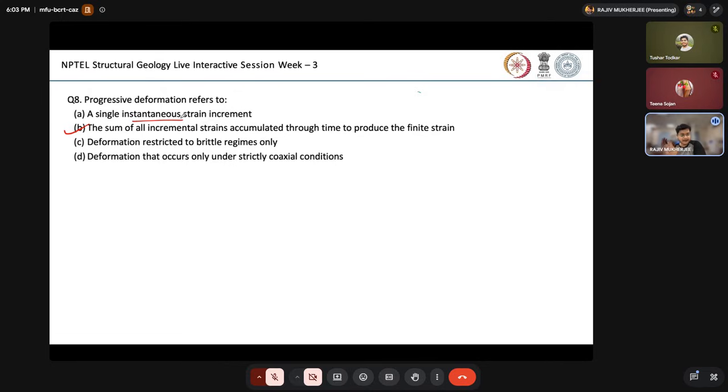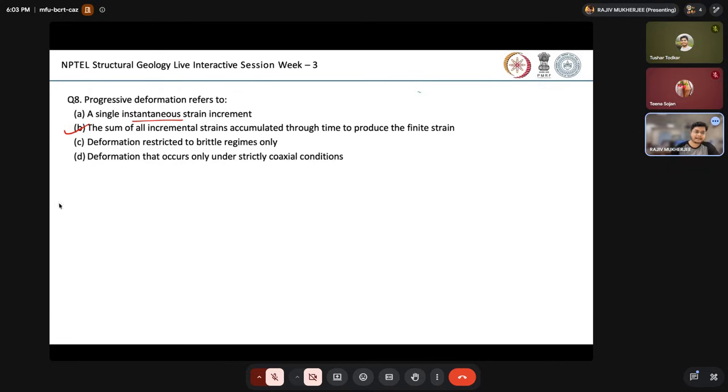If you just see the final product, that is the sum of all these things, then that is the finite strain. If you just select only one snapshot in between for one instant of time, that will be instantaneous strain rates, right?